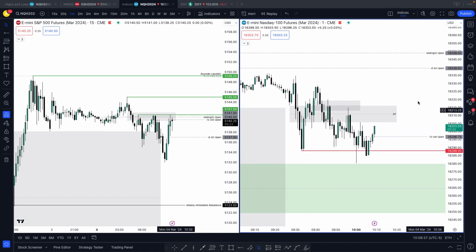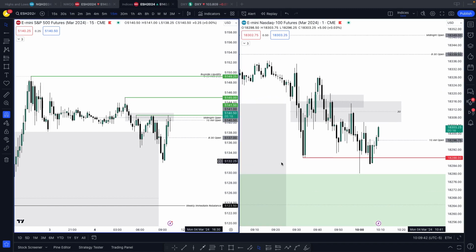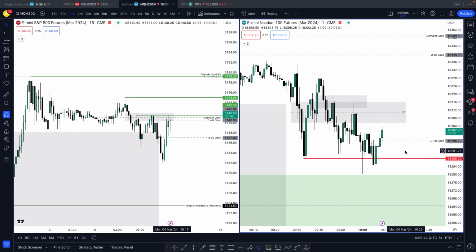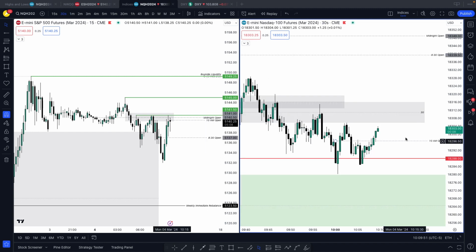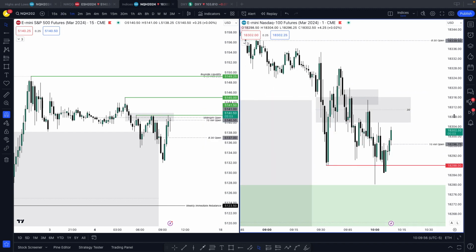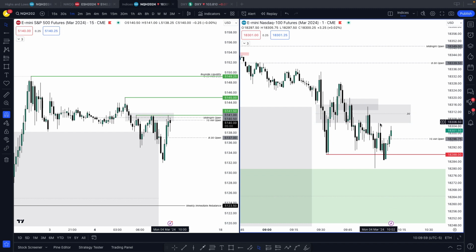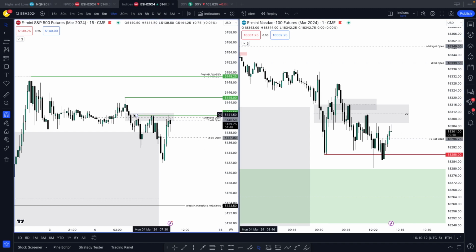That's where price will be seeking if it's going to go higher. So we can see NASDAQ draw back above this high. And we'll see if, in doing so, ES can reach above the buy side up here as well.